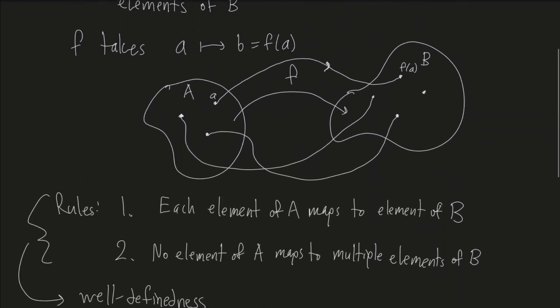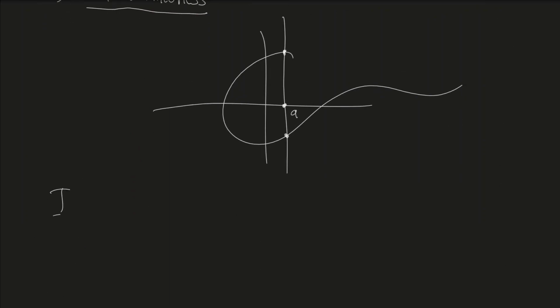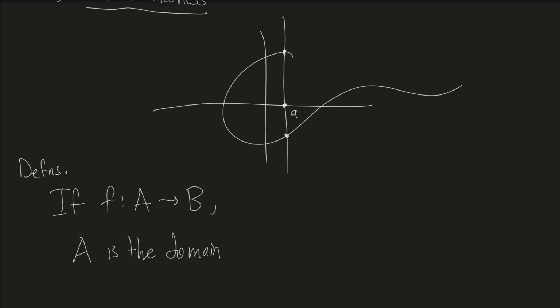Okay, a few definitions. If we have a function f from A to B, so definitions. A is the domain of f, and B is the range of f.